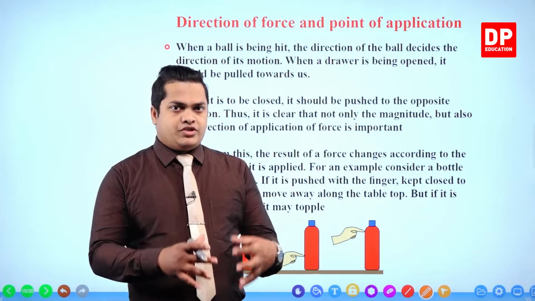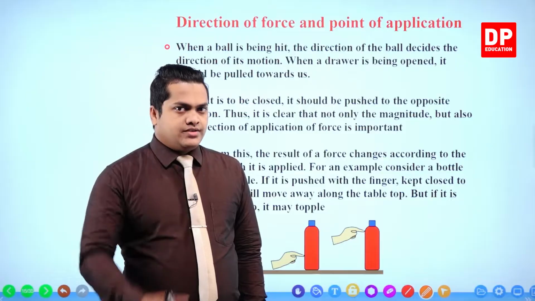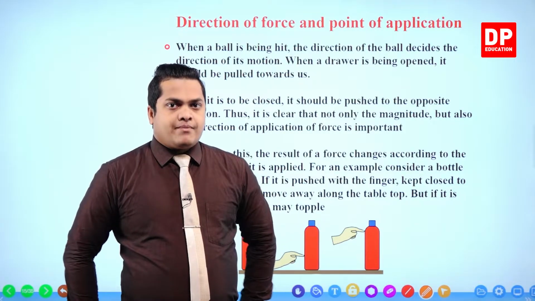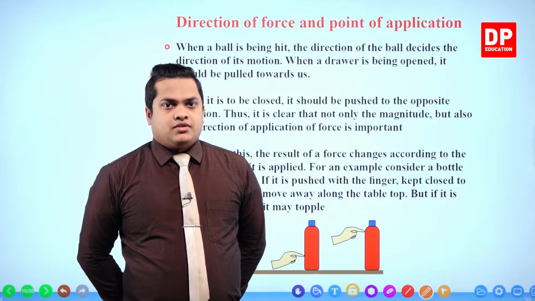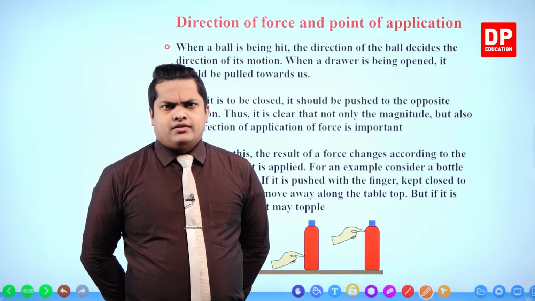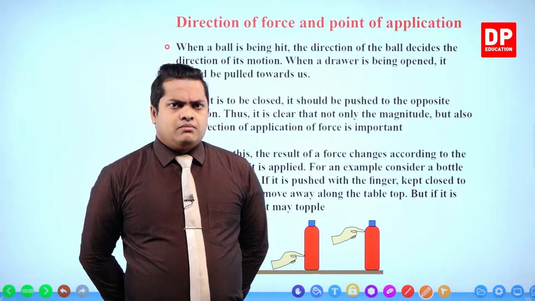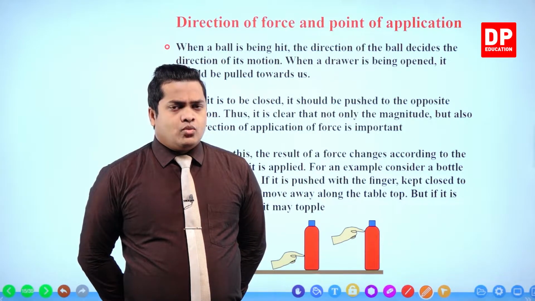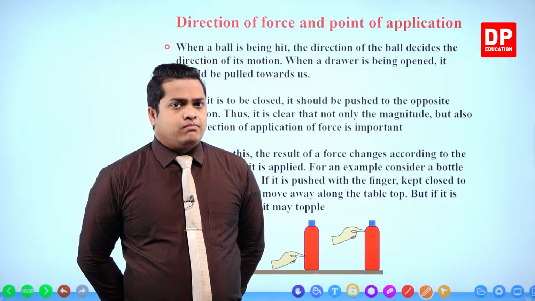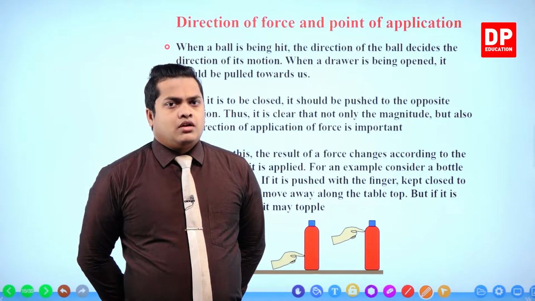Now I'm coming towards you and I'm going to tell you guys, open the drawer by applying 5 Newton of a force. You might get confused. Why is that? Because you don't know whether the door is getting opened by applying a push or else a pull, right?